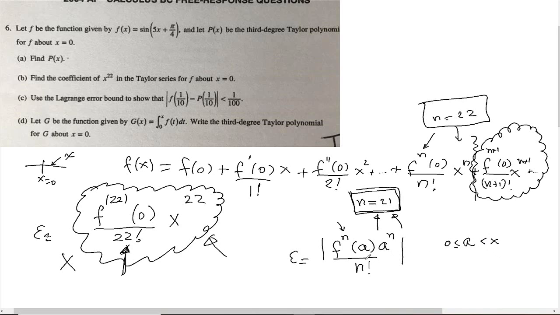But to know this error, you have to talk about a specific x. In this case, the error is about the absolute value of the 22nd derivative at a, times x to the n over 22 factorial.